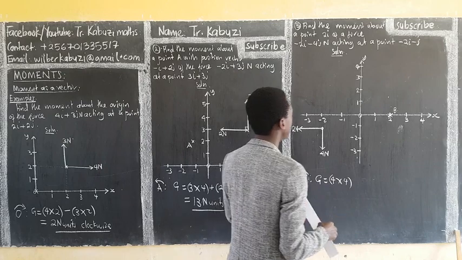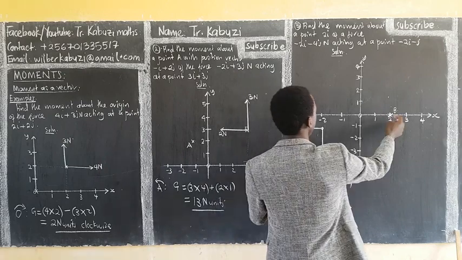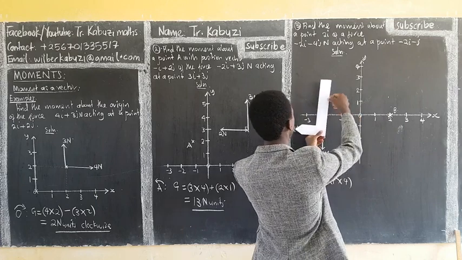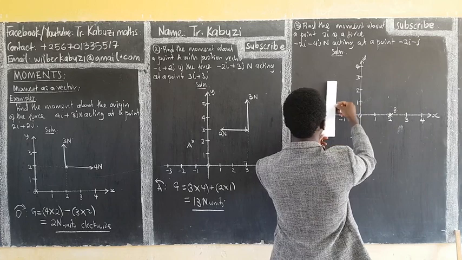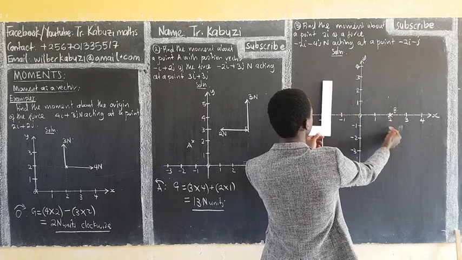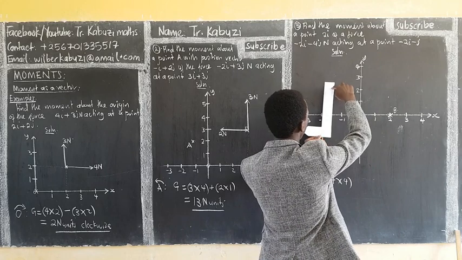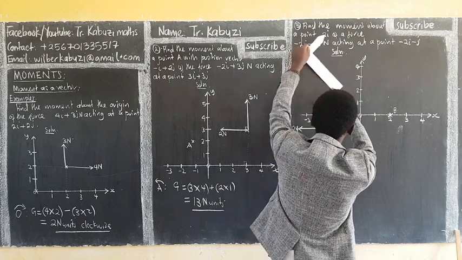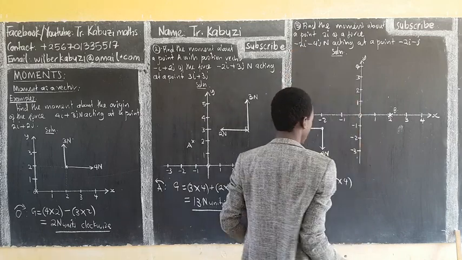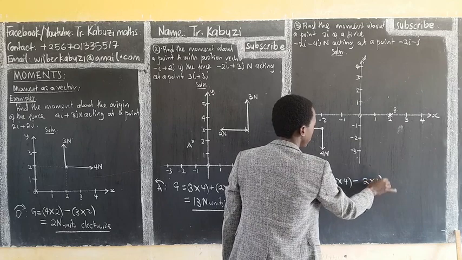Then, when we come to this, where is the force? The force is there. Where is our point? This is our point B. What is the perpendicular distance from this point? I think you can see from here to this, it's just 1 unit. But when I'm here, and I take moment there, for it, it's going to go clockwise. So that's why I'm going to say minus 2 times 1.